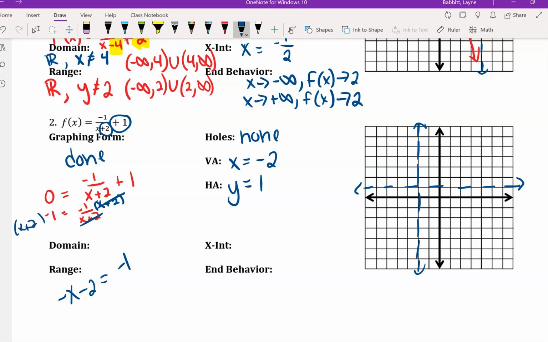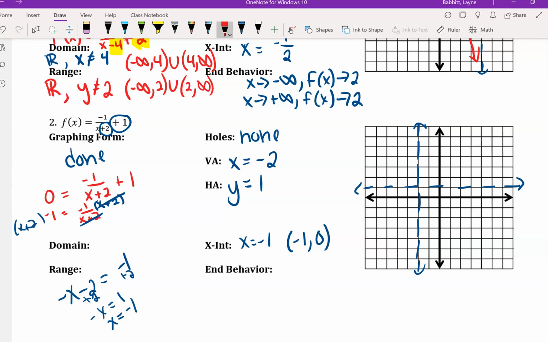We'll get -1. Add 2 to both sides. We get -x equals 1. So x must equal -1. So that's my intercept. X equals -1, or we could write this as -1 comma 0.